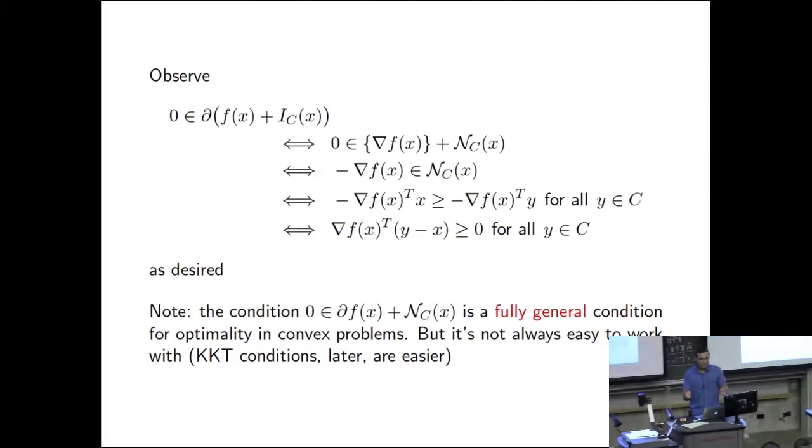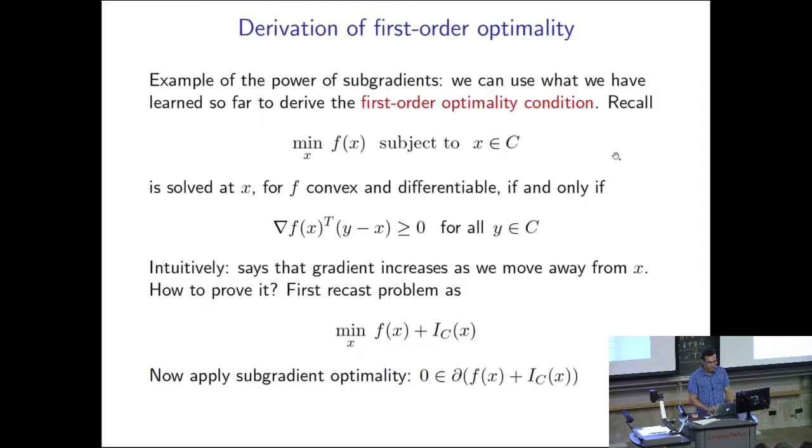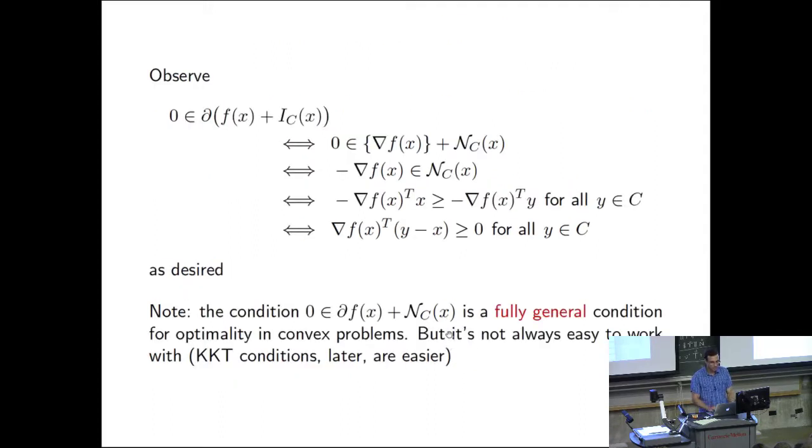This is actually a fully general condition for characterizing optimality in convex problems, because we saw we could express any convex problem as minimizing some convex function subject to x being in some convex constraint set. This could encode a bunch of inequality and equality constraints on other functions. And by writing this as an indicator and applying subgradient optimality, we've actually characterized optimality in general.